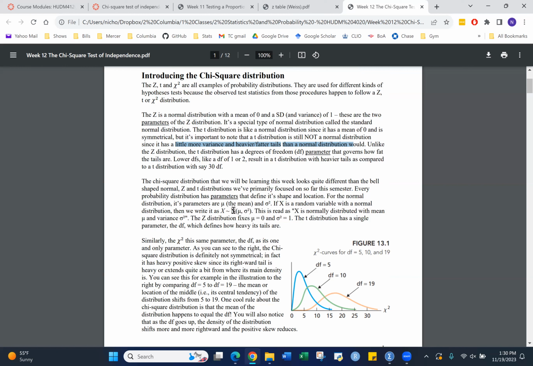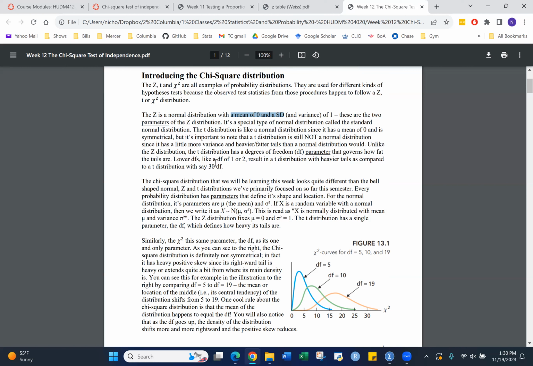One thing we learned about each probability distribution is that they each have parameters. We've talked about them repeatedly through the semester. Parameters are a theoretical concept, and if you know the parameters, you can draw any distribution. The normal distribution has two parameters, the mean and standard deviation.